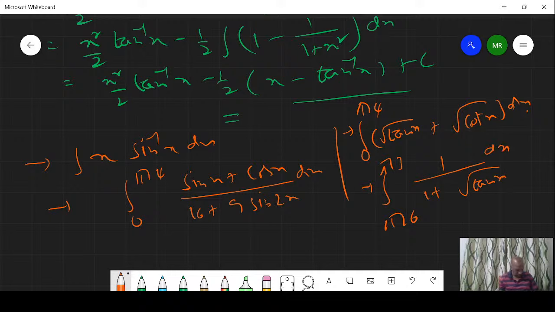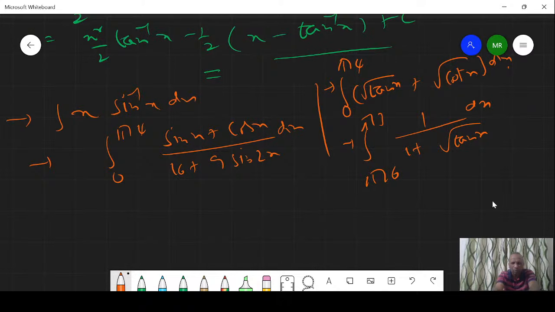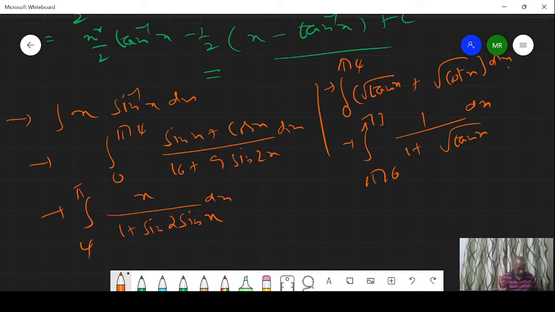Next, integral 4 to pi of x by 1 plus sin alpha sin x dx. Just one more minute and I will complete the problem list. These are all for tomorrow's discussion. I can discuss this problem. Next, integral sin x sin 2x sin 3x dx. This also I can discuss tomorrow.